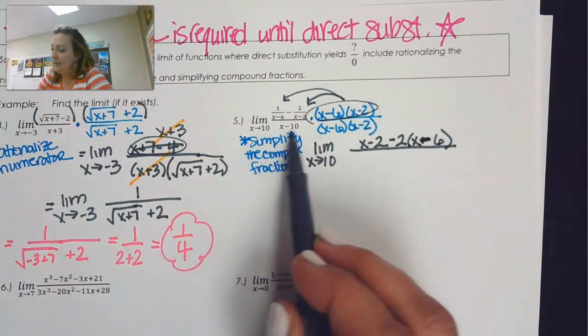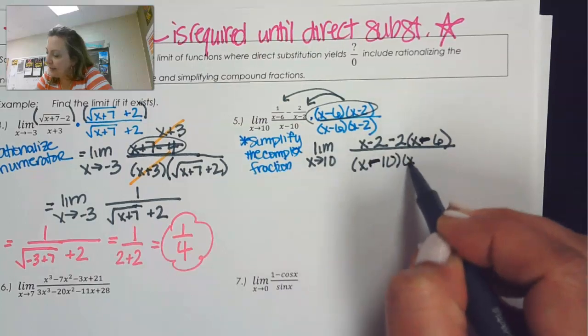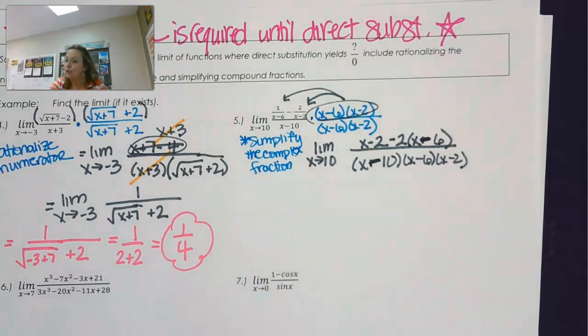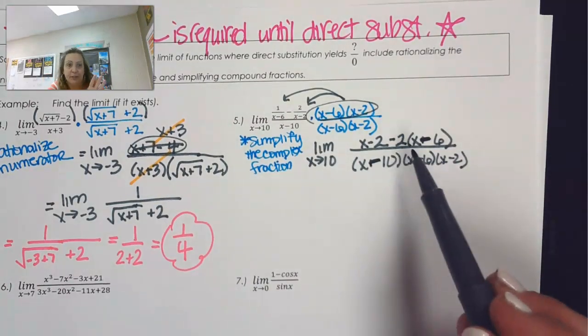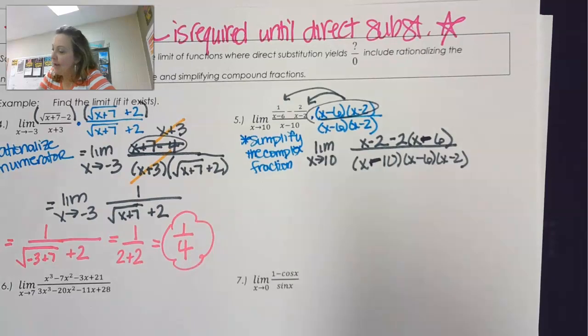Then in the denominator, nothing cancels. I have x minus 10, x minus 6, and x minus 2. You guys, do not cancel these. The numerator isn't factored. You have to distribute and combine like terms before we do anything like that, okay?